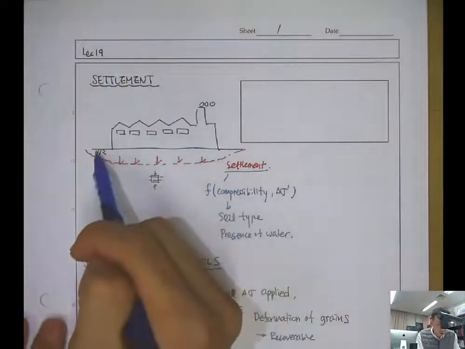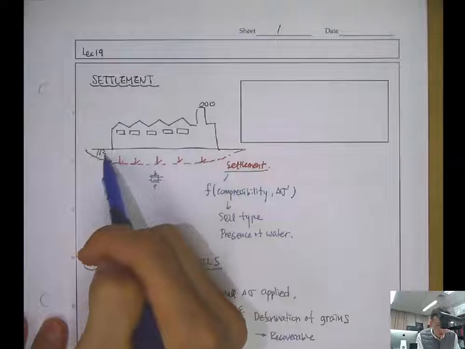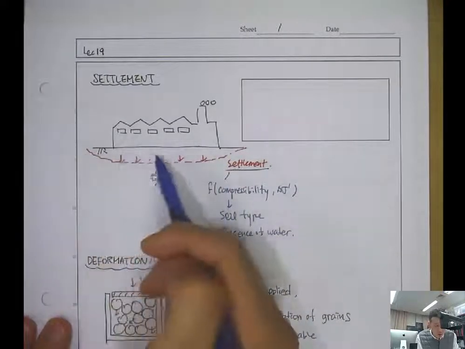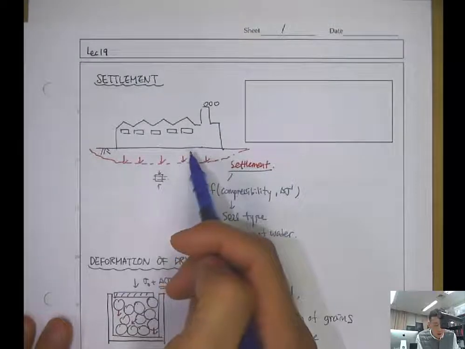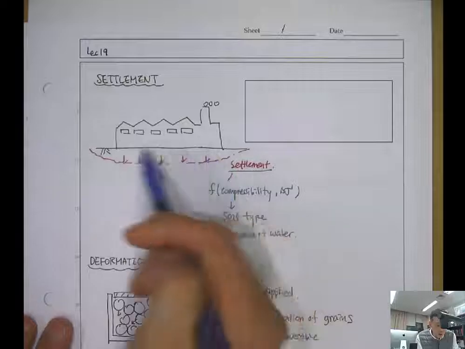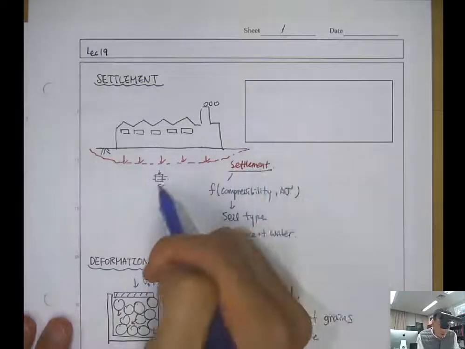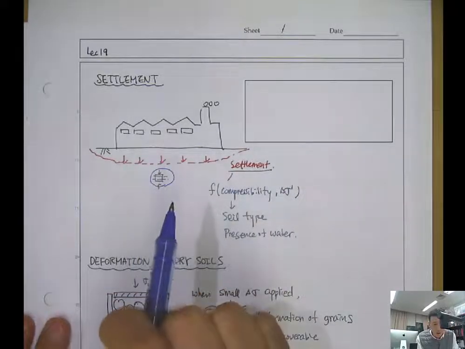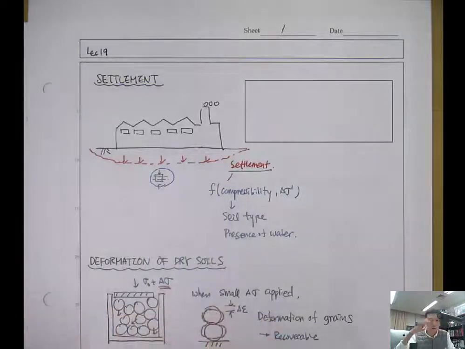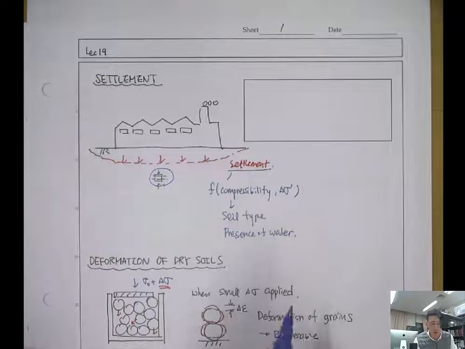So on the ground surface, let's say that this is the ground surface, and a kind of structure with its own weight will be built. Then because of the weight, the stress state in a soil at a certain depth will increase, and this will compress the soil mass, and it will cause the settlement.